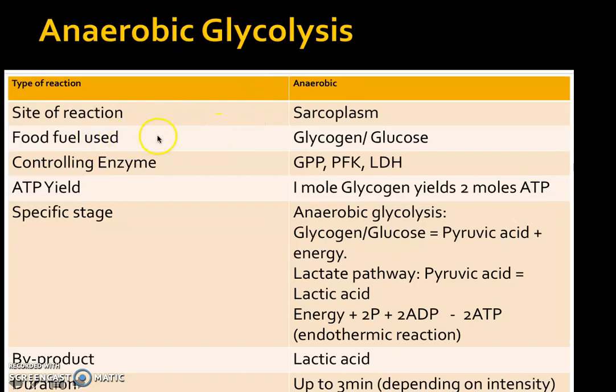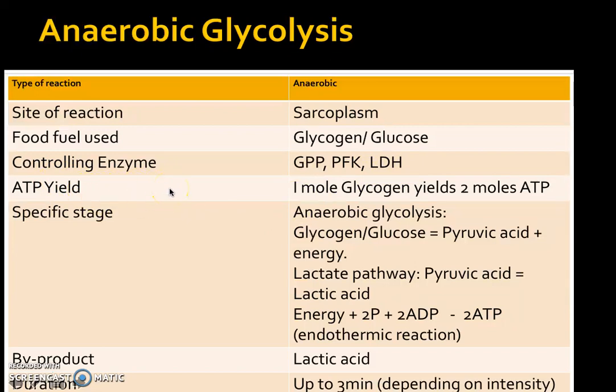So what's the food fuel that's used? It's glycogen or glucose. And the controlling enzymes. Now, what you can do, and they're happy for you to do this in your exam answers as well, is note them down in the annotation format like that. So GPP, phosphofructokinase, and the lactate dehydrogenase. It's absolutely fine.